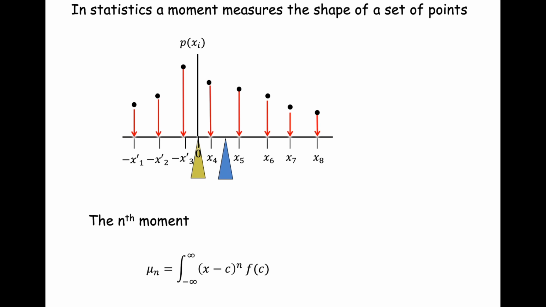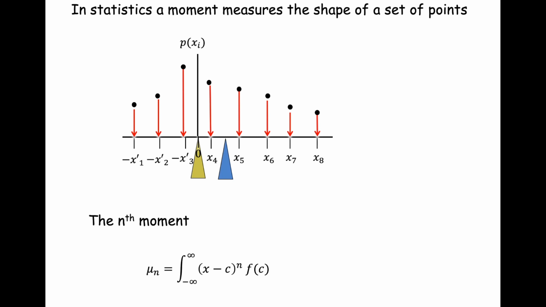Well, we can generalize moments into the so-called nth moment. And here we're using an integral, but if it's a discrete distribution, we use summation. So the nth moment, mu sub n, is equal to x minus its center, and you take that as a quantity and exponentiate it to the nth power.